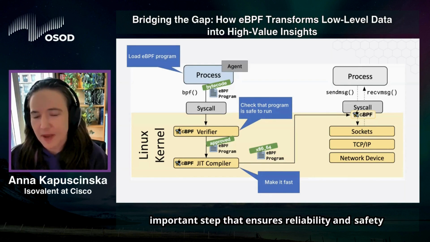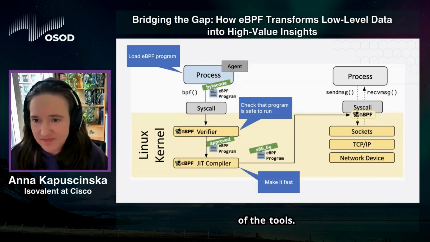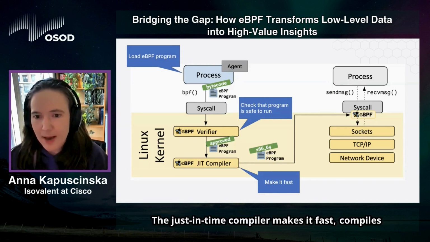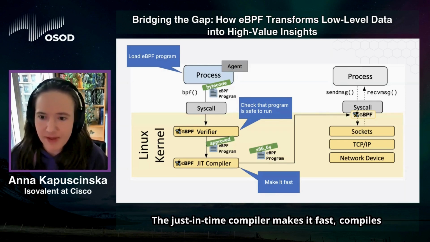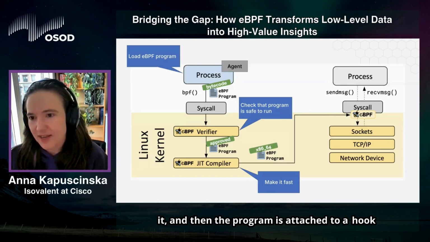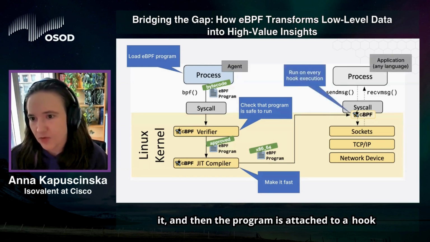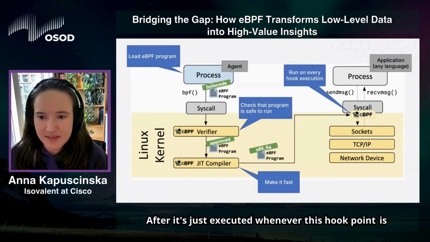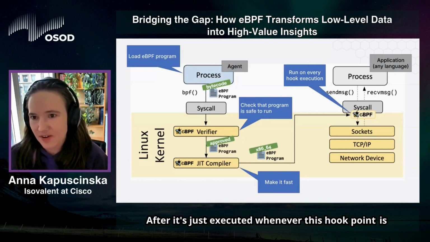This is an important step that ensures reliability and safety of the tools. The just-in-time compiler makes it fast, compiles it, and then the program is attached to a hook point. Once attached, it is executed whenever this hook point is run.